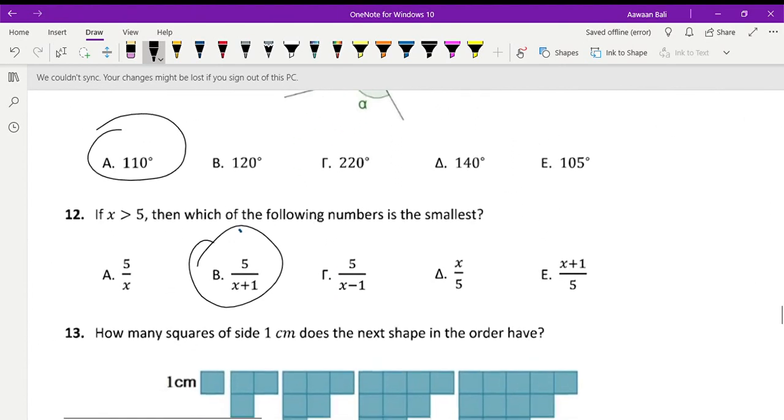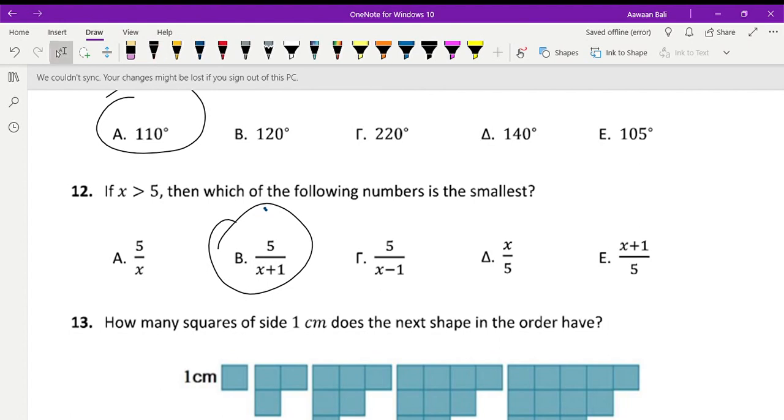Now, question number 12. If x is bigger than 5, then which of the following numbers is the smallest? Now, let's see. There's a rule for fractions, all fractions.